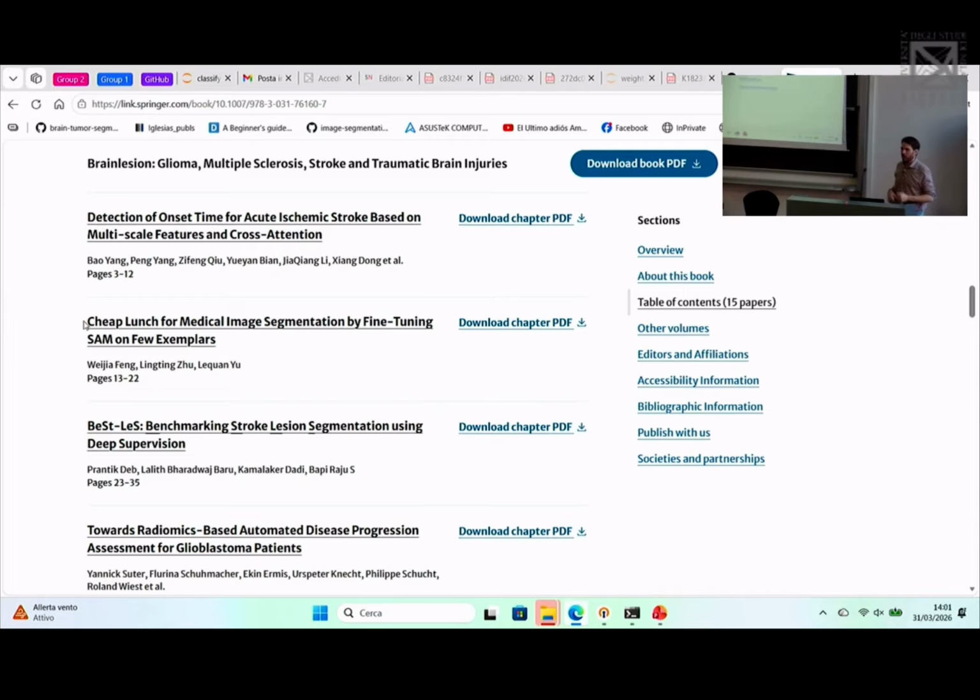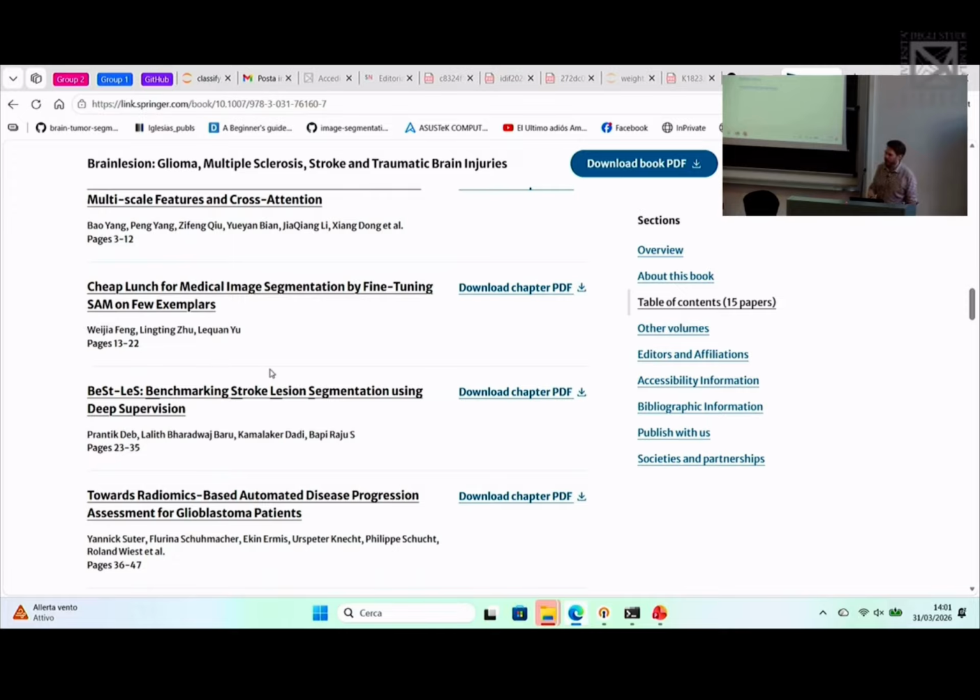It's not trained on recognizing cars or flowers or whatever. It's pre-trained, and then the user can either point with the mouse on an object, or make a bounding box, or write a text description, and it will find the most likely segmentation. It's based on a foundation model, and here they tried to fine-tune it for medical images, because this foundation model has seen exclusively natural images.